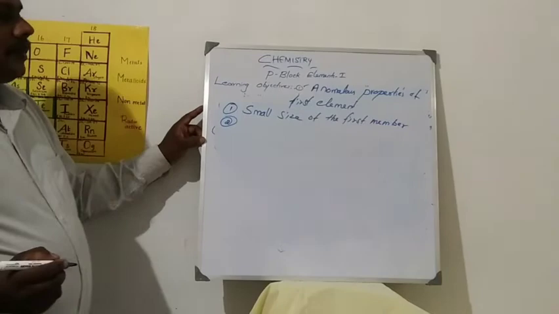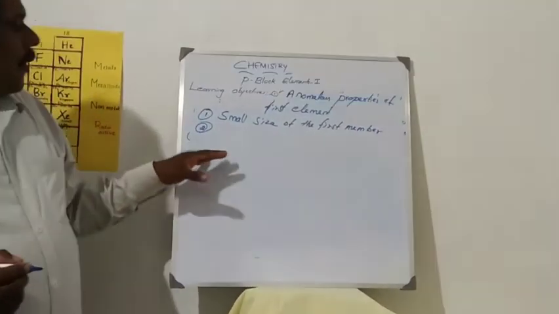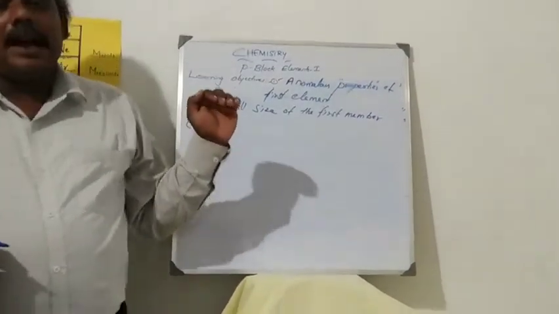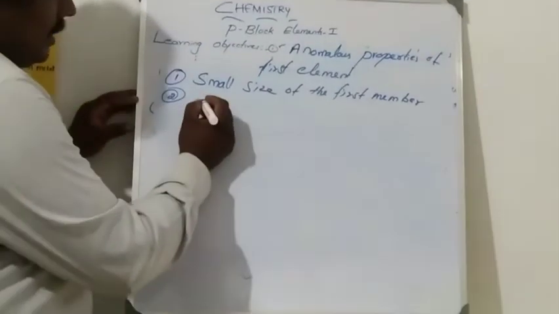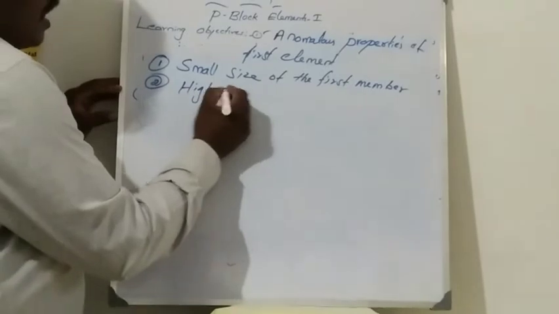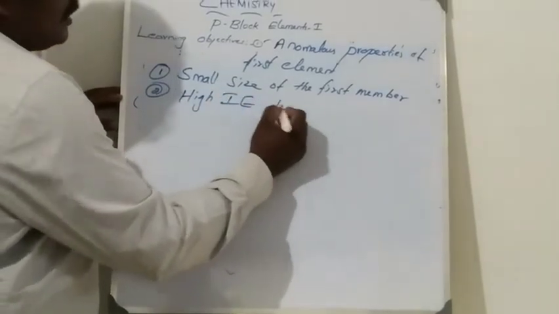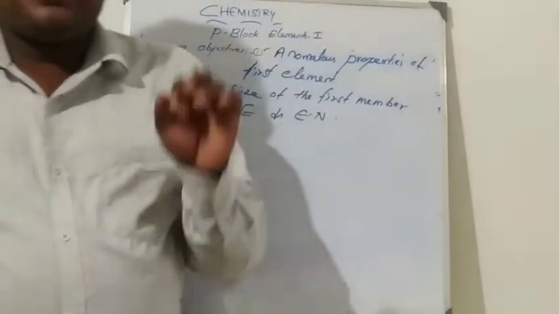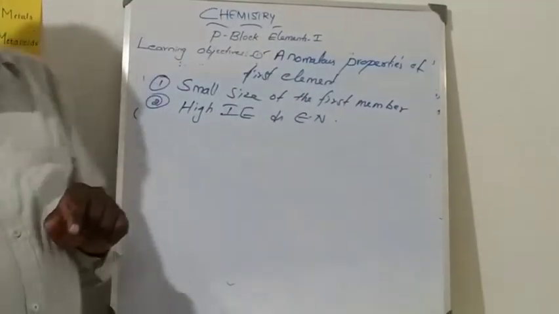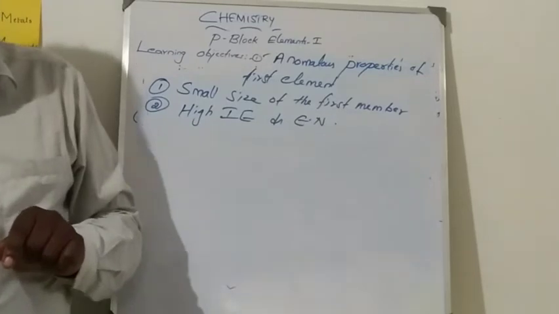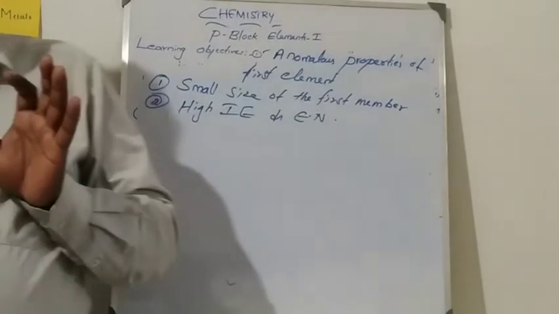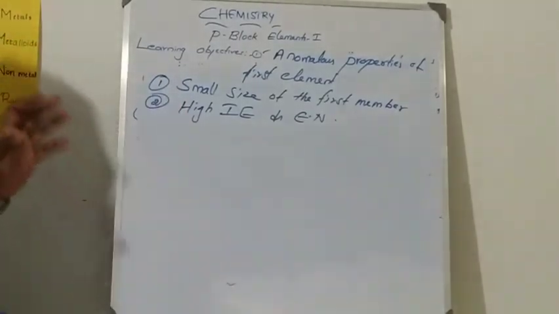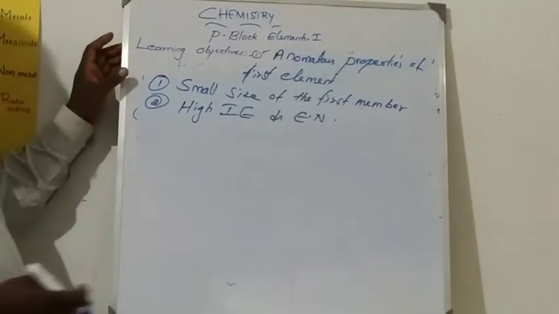Second, they have high ionization energy and electronegativity. Third, absence of a vacant d subshell in their valency shell. These are the 3 points.